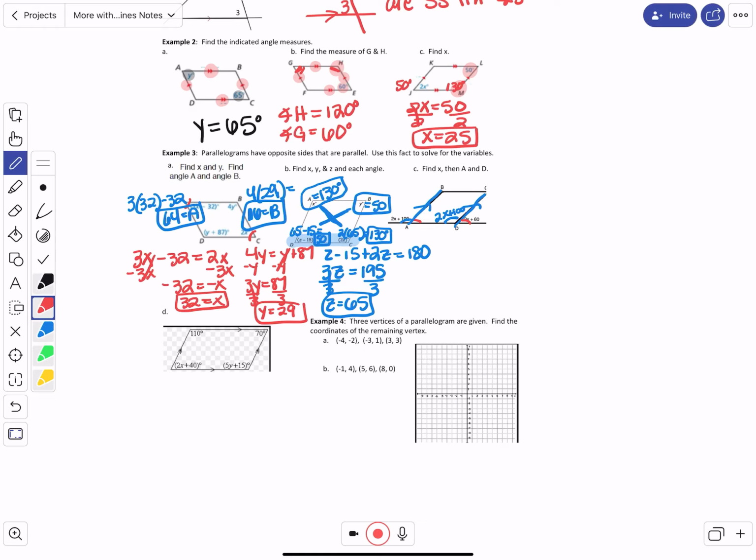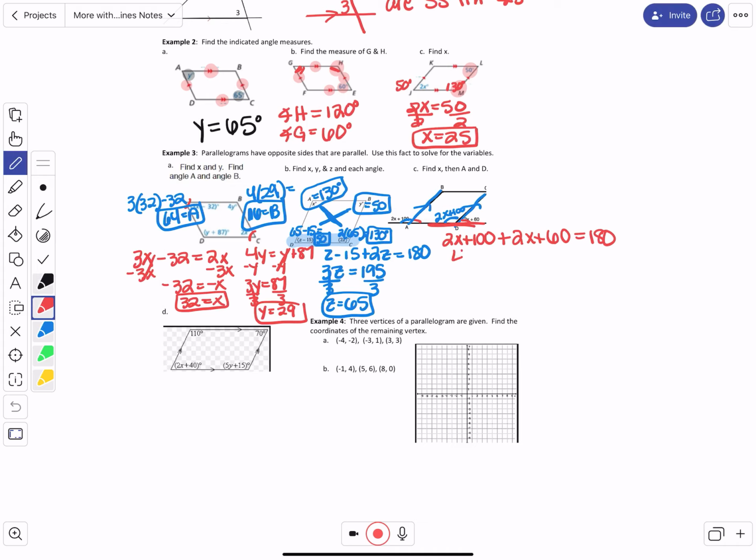So since I know those are corresponding angles, I know these angles are supplementary because they're on the same line. So I can take 2x plus 100 plus 2x plus 60. I can add those together, and I know that they're going to equal 180 degrees.